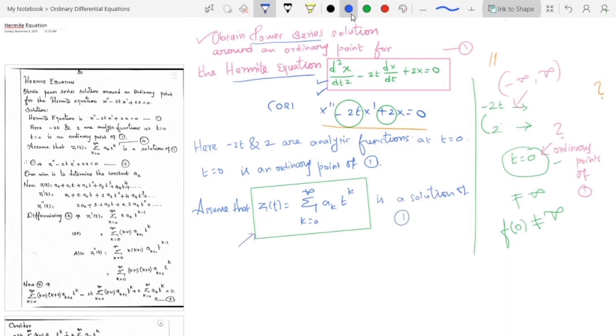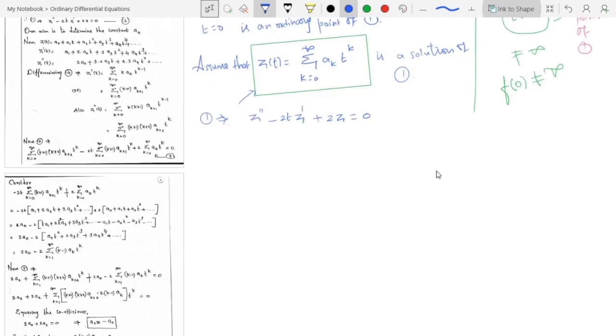If it is a solution, it should satisfy the equation. Therefore, equation 1 can be rewritten by replacing x by z. So now z double dash minus 2t z dash plus 2z is equal to 0. Let it be equation number 2. Our aim is to determine the constants a_k.